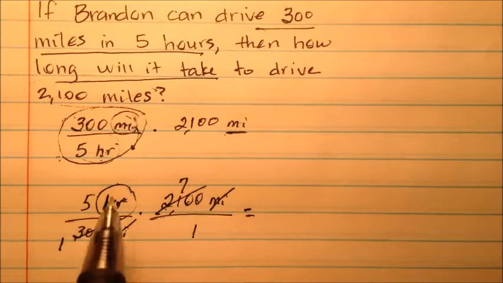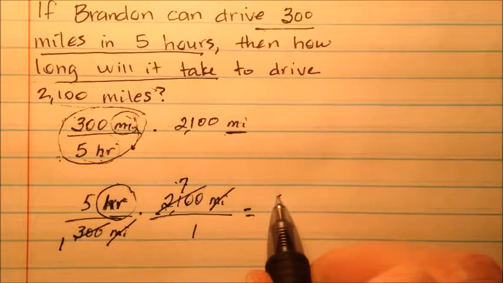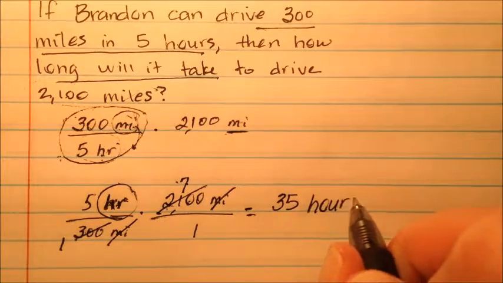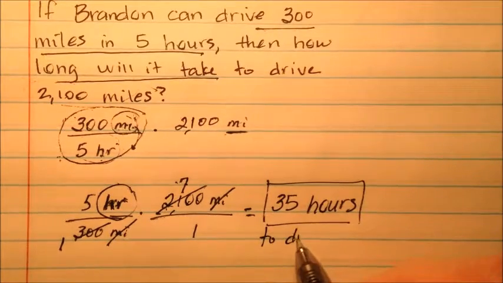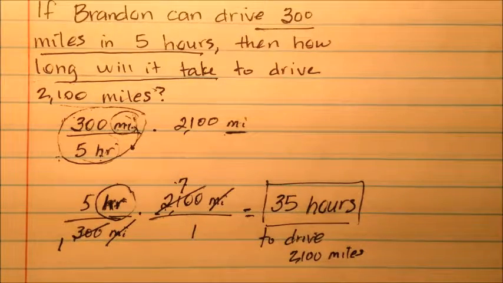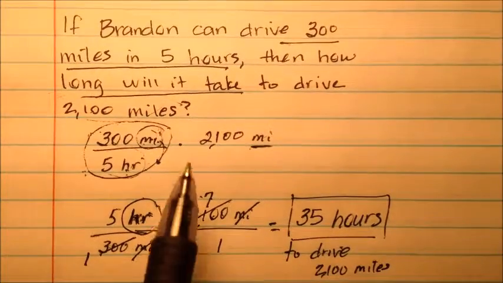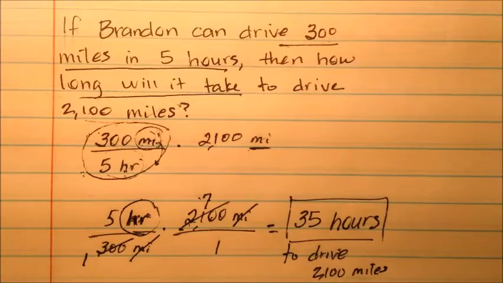Okay, so if I just have 5 hours and then my 7, I can take 5 times 7 is 35, and my hours here comes along for the ride. So 35 hours to drive 2,100 miles. And that's a long time to be driving. 35 hours for 2,100 miles, as long as Brandon can drive 300 miles in 5 hours.